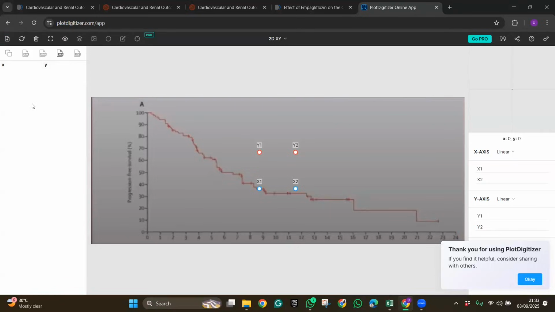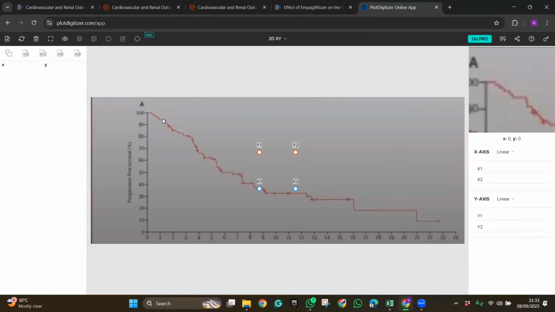There are no values here. On the right hand side, you see x-axis, x1, x2, y-axis, y1, y2, right? You see these values? And this is basically a magnified view. If I move my cursor here, you can see the magnified view on the right hand side.